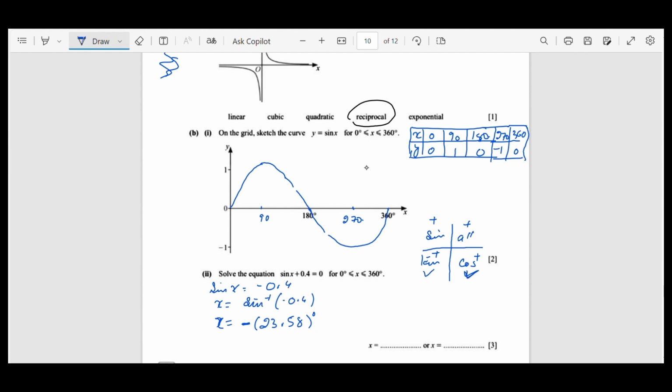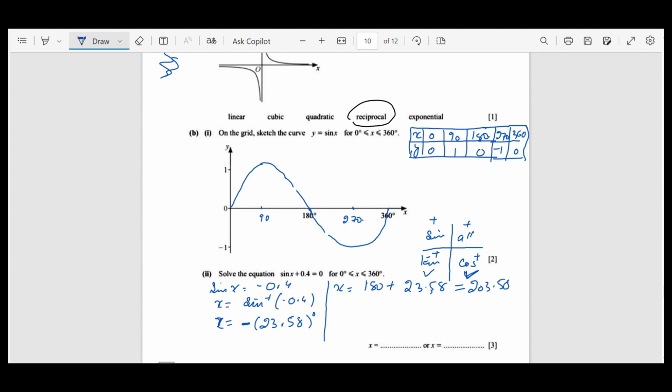So in the third quadrant, x will be equal to 180 plus theta, that is 23.58, which is equal to 203.58.